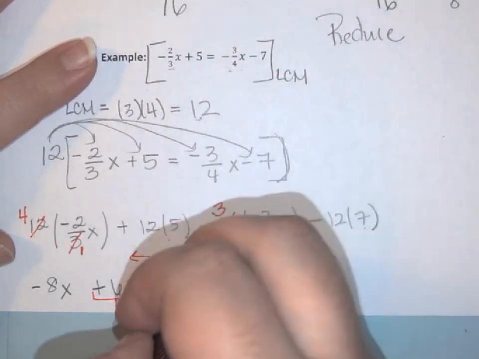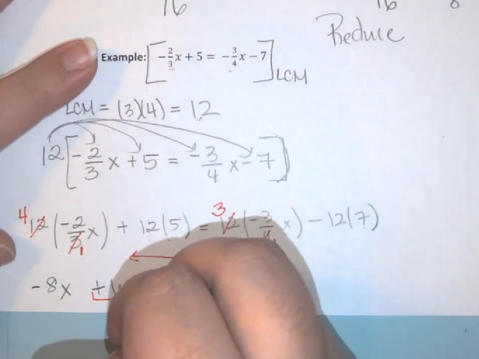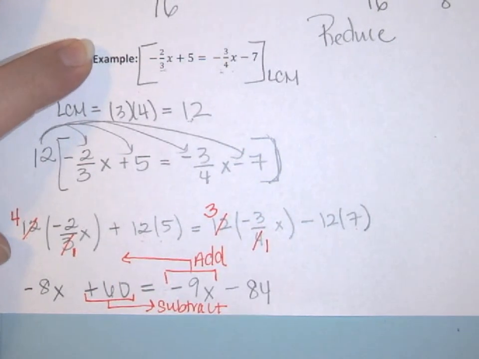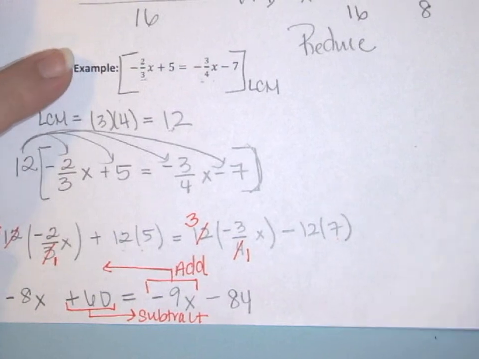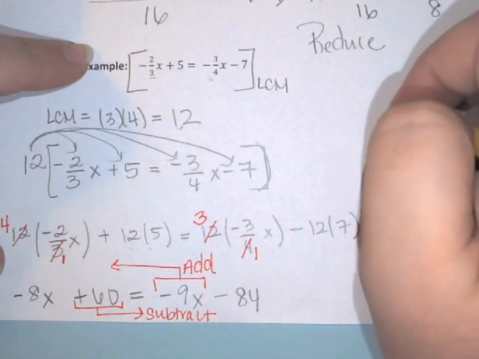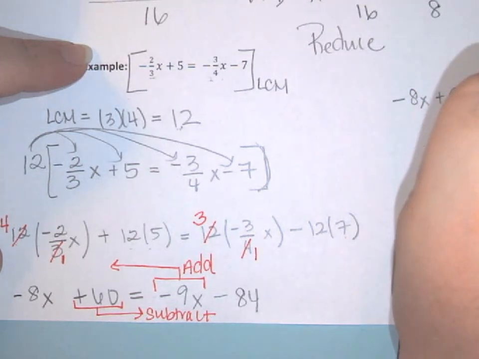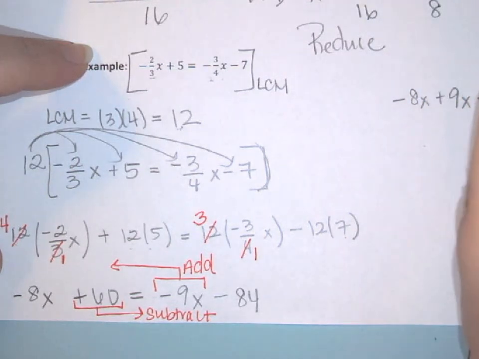Since it's positive, to move it I have to subtract. So in doing that, I end up having my 8x plus a 9x is equal to negative 84 minus 60.